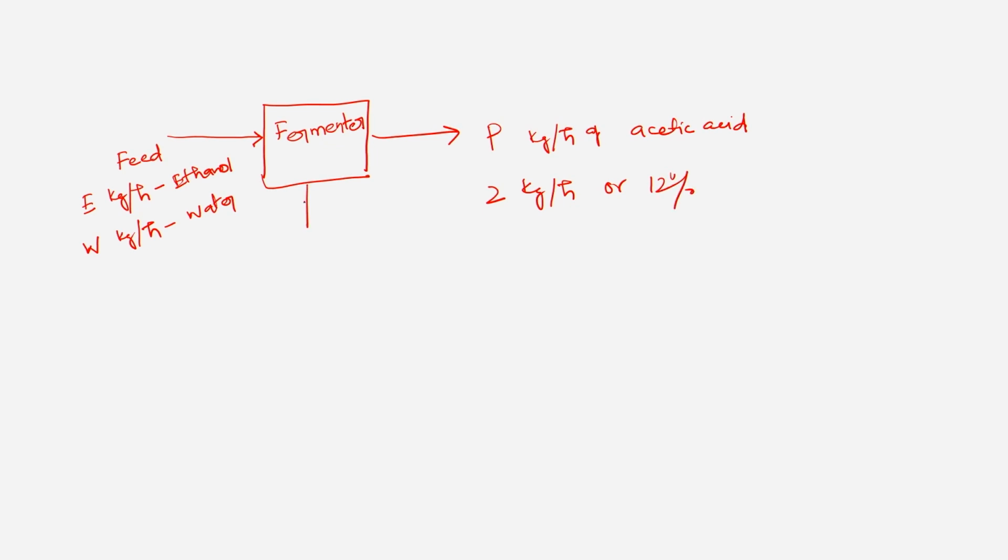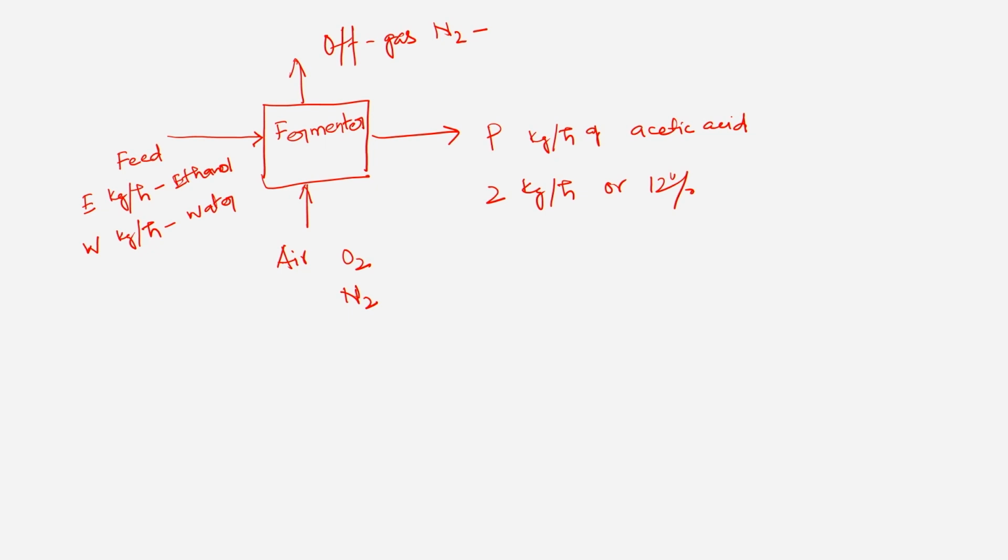In addition, this air is entering and there will be generation of off gas. Now, typically air contains both oxygen as well as nitrogen. So, what will happen? Oxygen will be utilized in the reaction, but nitrogen will directly go into the off gas. Now, what is the air flow rate?